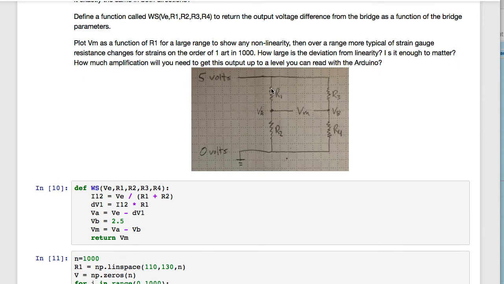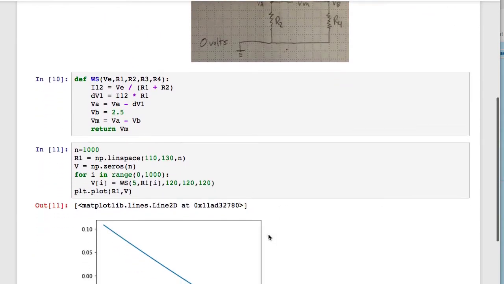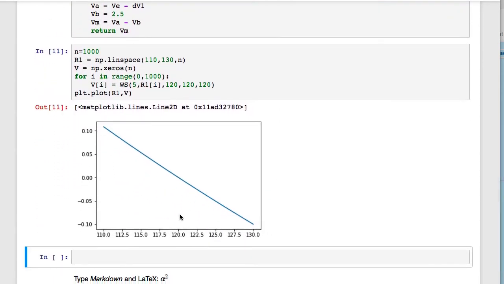If R1 was 120 and everything else was 120, then that would be 2.5 volts and that would be 2.5 volts. And we would wind up with 0 volts. So there's one test case. And at 120, we have 0 volts.